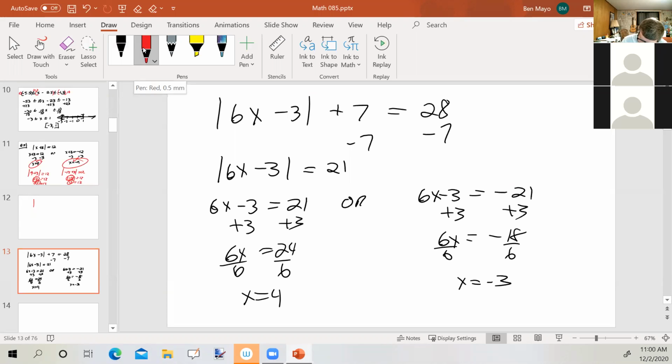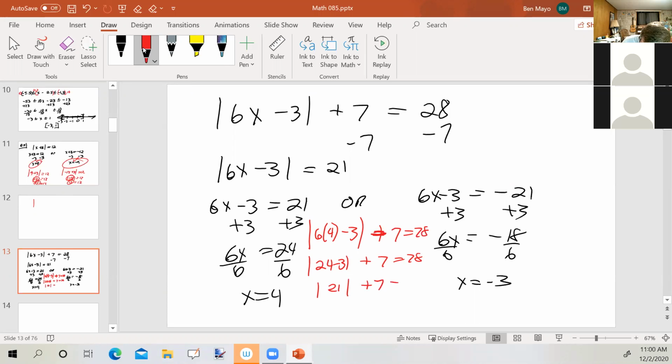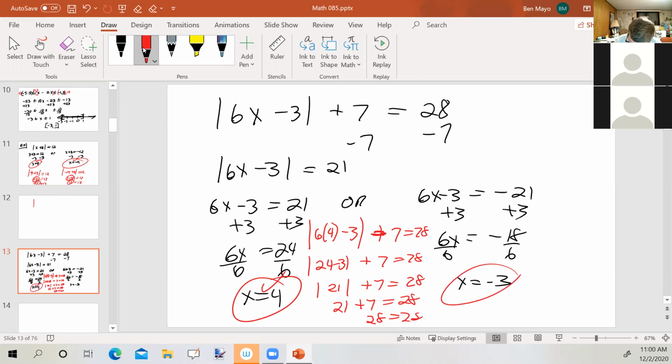If x is 4, we would get the absolute value of 6 times 4 minus 3, plus 7 equals 28, which would be the absolute value of 24 minus 3 plus 7 equals 28. The absolute value of 21 plus 7 equals 28. The absolute value of 21 is 21. 21 plus 7 equals 28.